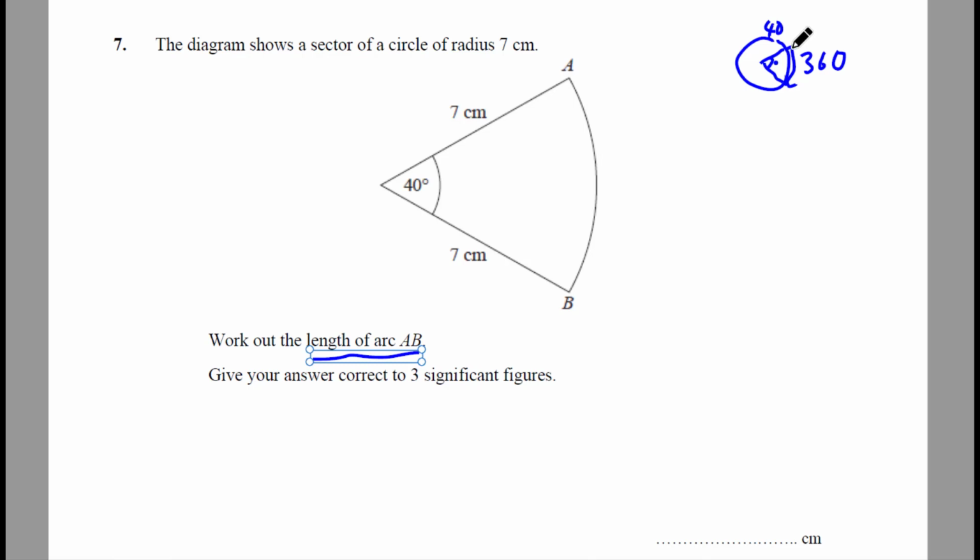So that arc is going to be 40 out of 360, that proportion of the circle, and its circumference. So you've got the radius is 7 and circumference is 2 pi r, so that must be times 14 pi.